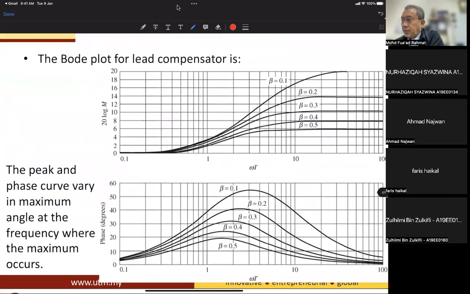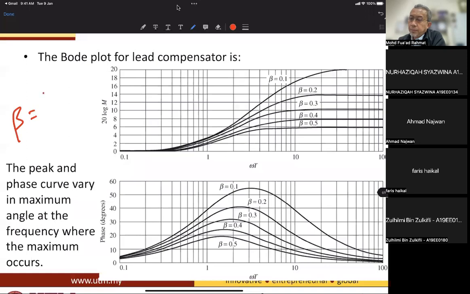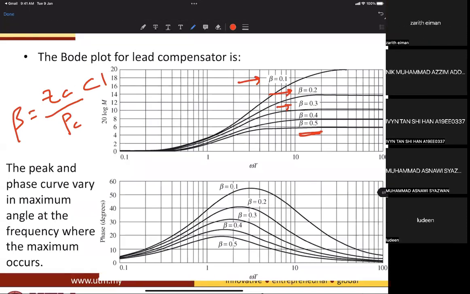So since beta is the ratio between ZC over PC, which is less than 1, it has variations between the gain curve and the phase curve, okay, 0.1, 0.2, and so on.